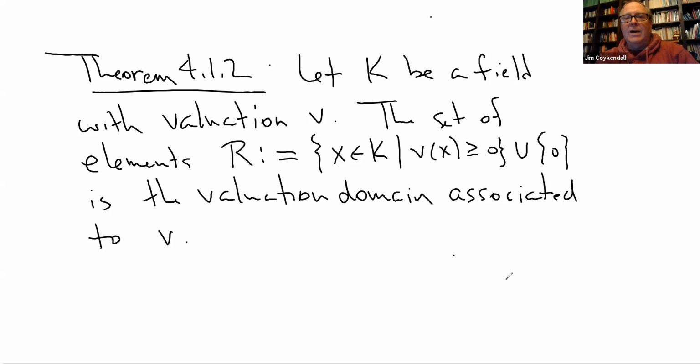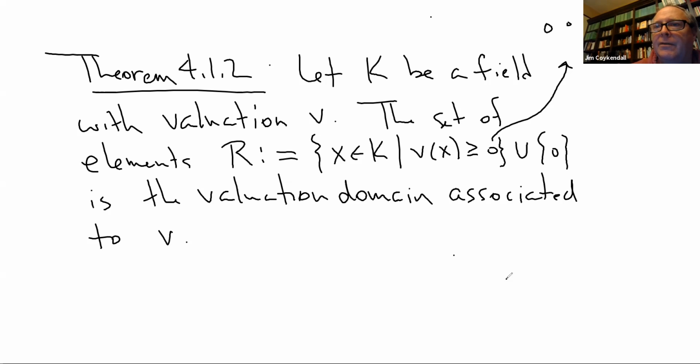Let K be a field with valuation V. The set of all elements X in K such that the valuation is greater than or equal to 0. And here by 0, I mean the 0 of our totally ordered abelian group.